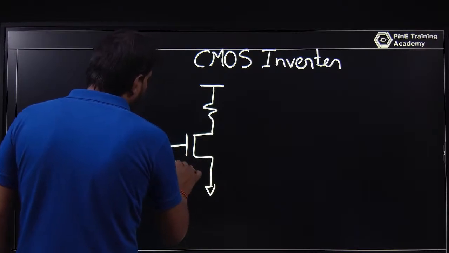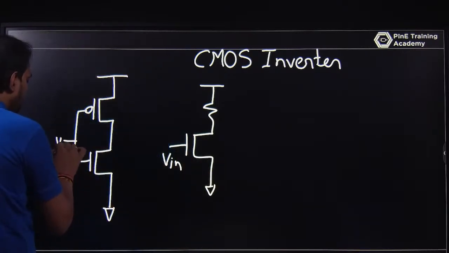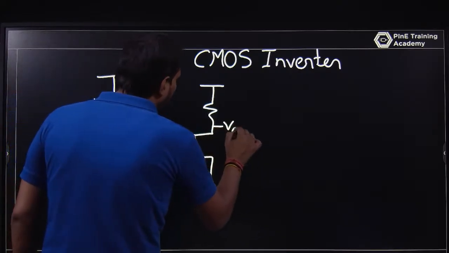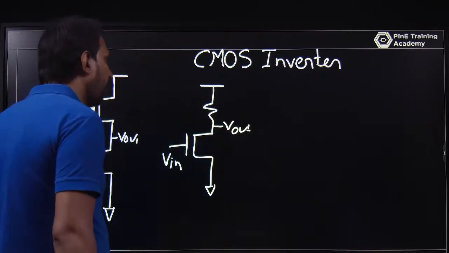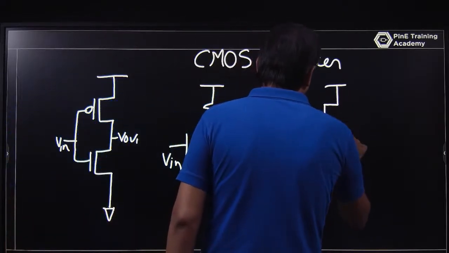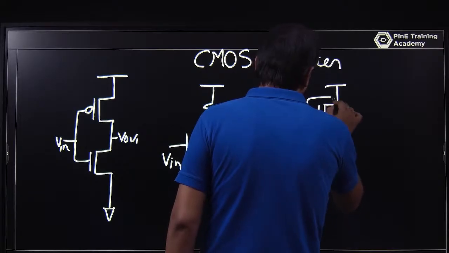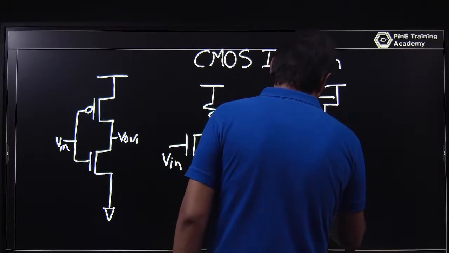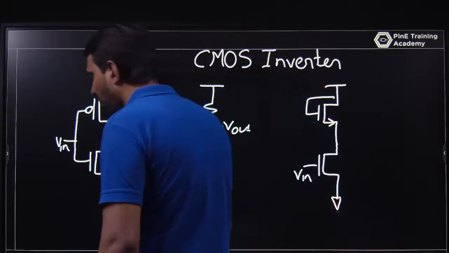You can also use one NMOS, and this also behaves like an inverter. It depends on you.